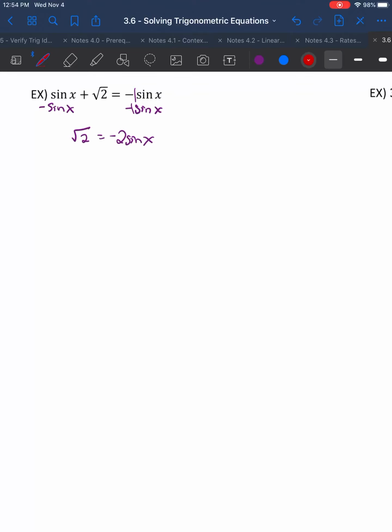A negative 1 sine minus 1 sine would be negative 2 sine x. Trig function's still not isolated yet, so I'm going to divide both sides by negative 2. So now I have that the negative square root of 2 over 2 is equal to sine x.